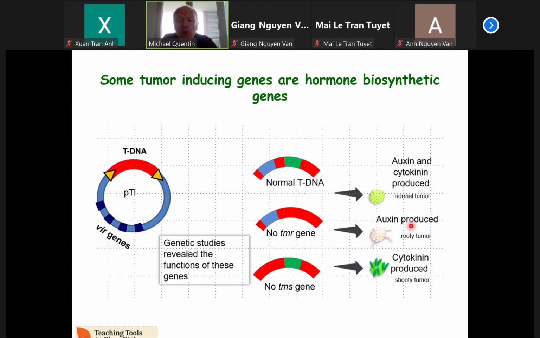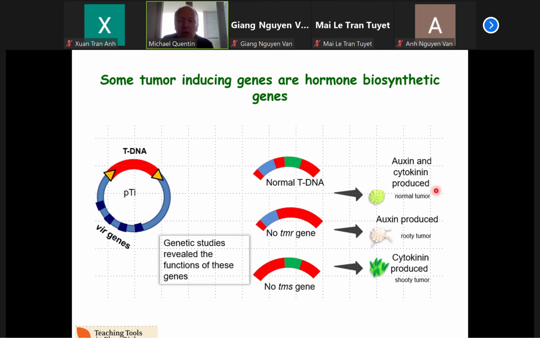Otherwise, the bacteria will induce some strange tumor on the infected plant that will not allow proper feeding site development, okay?